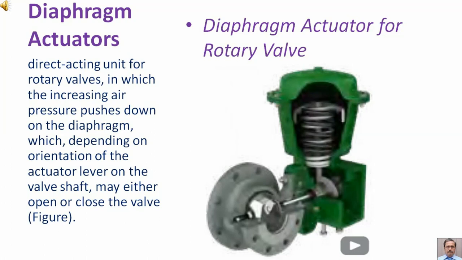Direct unit for rotary valves, in which the increasing air pressure pushes down on the diaphragm, which, depending on orientation of the actuator lever on the valve shaft, may either open or close the valve. It is shown in figure.